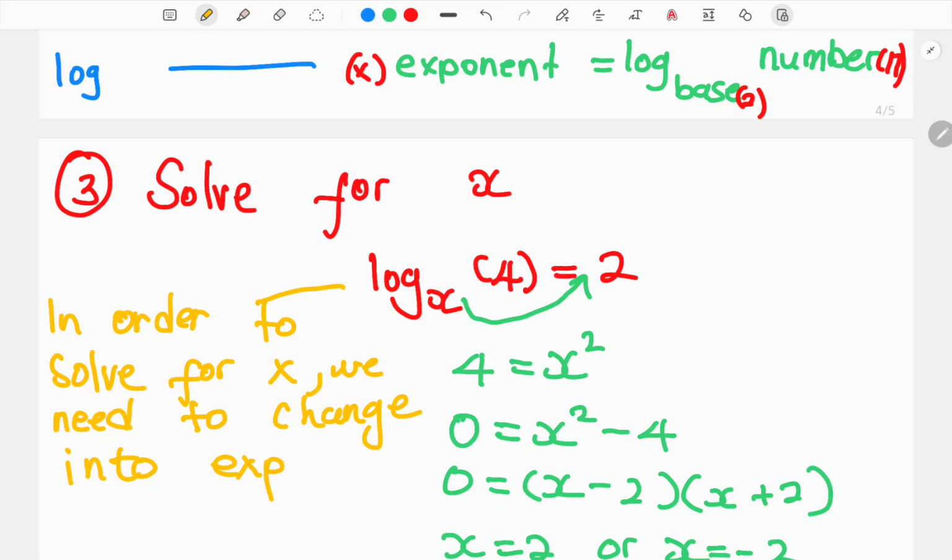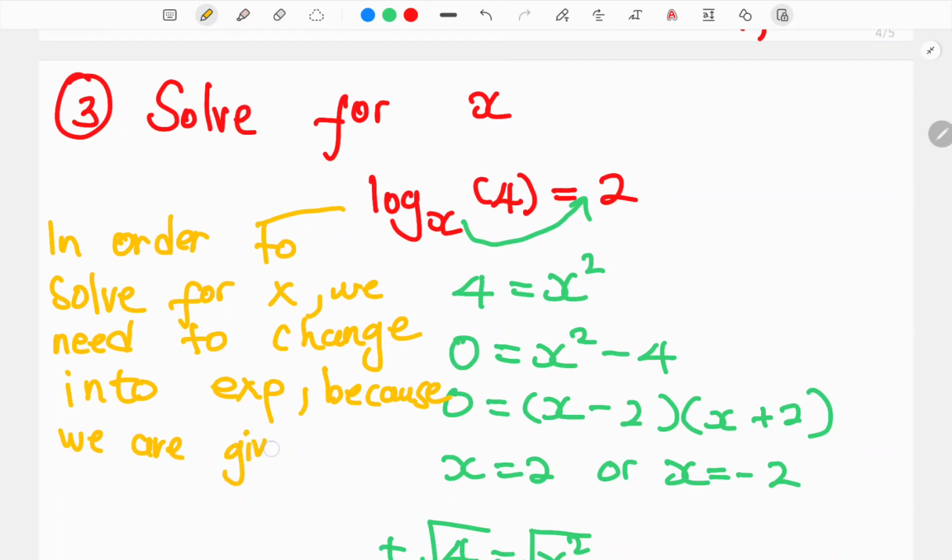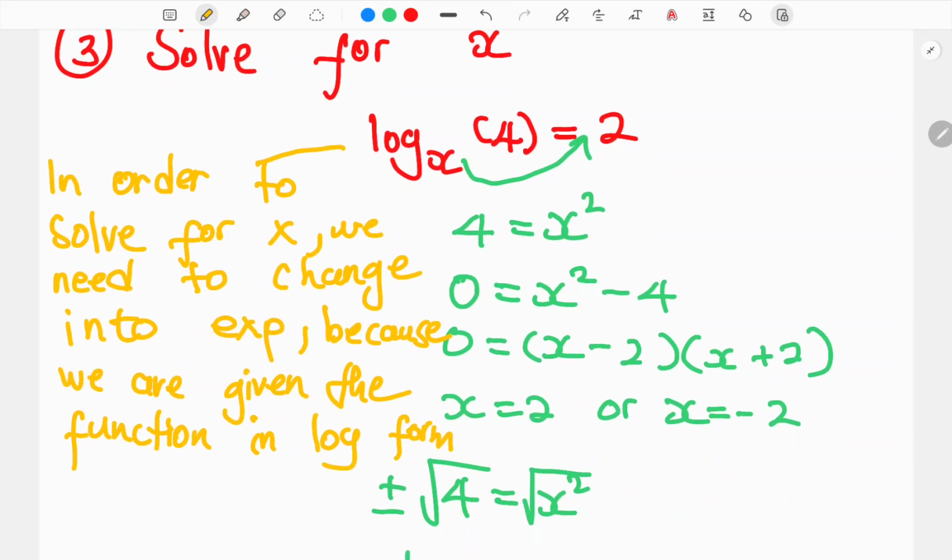Why do we need to change it to exponential? Because we are given the function in log form. So that's what we needed to do. This is how you convert from exponential to logs, and from logs to exponential.